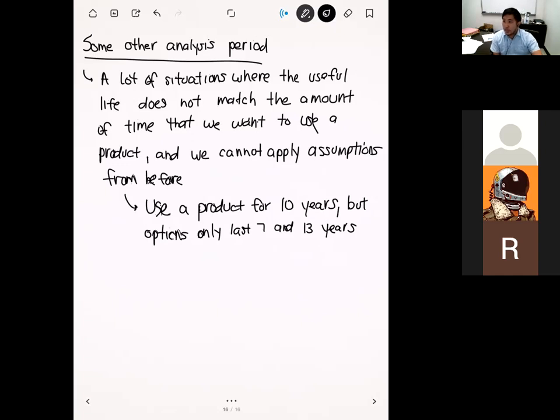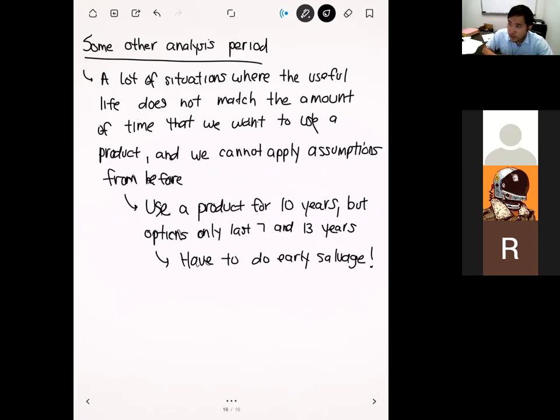So you can't make the assumption that we're going to keep buying replacements until you can't anymore. We came across a situation like this in present worth analysis. In these situations in present worth, we're going to have to do what's called an early salvage of these products, because we're going to be salvaging these pieces of equipment or getting rid of them before they reach the end of their life.